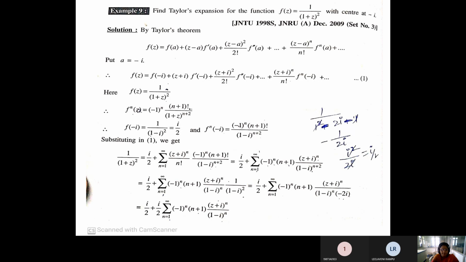F double dash z is minus 2 into minus 3 by 1 plus z whole power 4, like that. If you continue, f n of minus i equals minus 1 whole power n plus 1 factorial by 1 minus i whole power n plus 2.